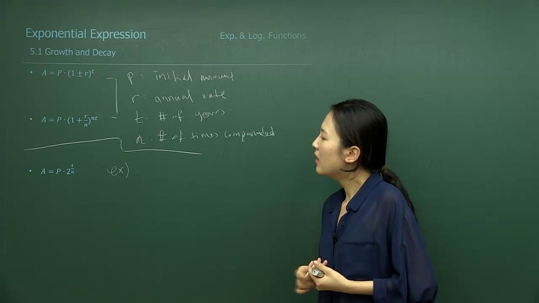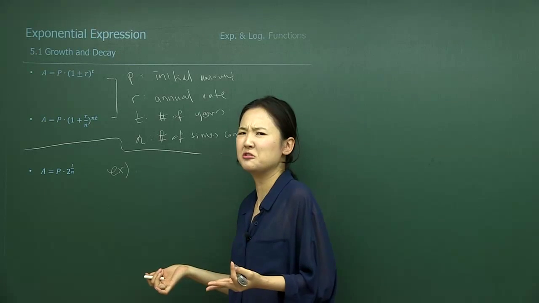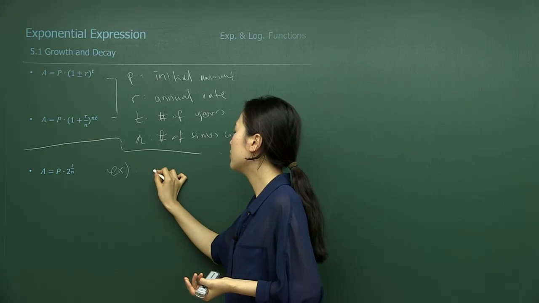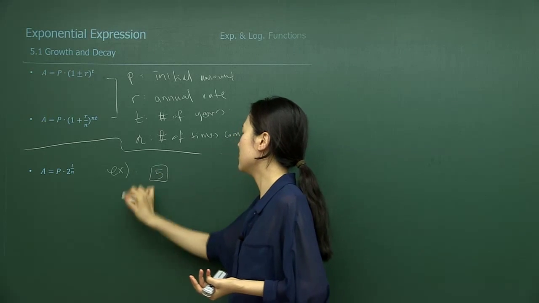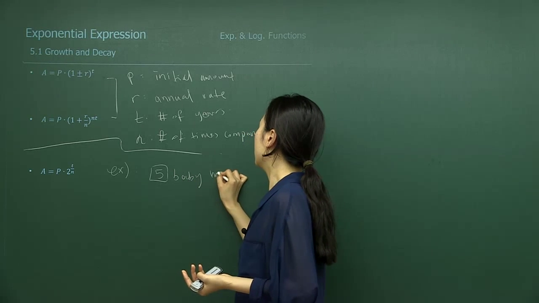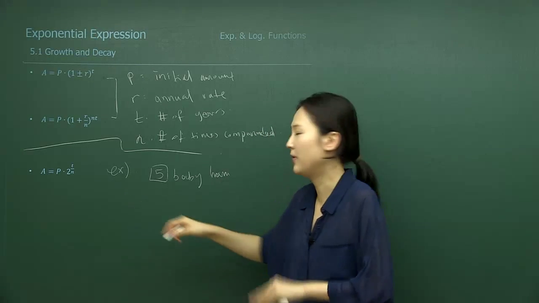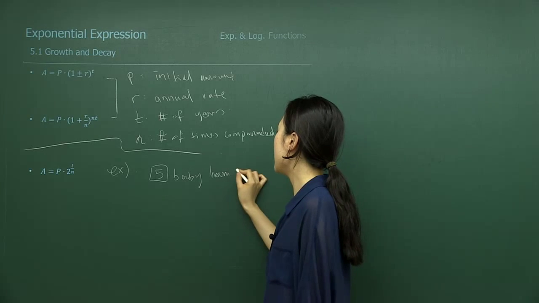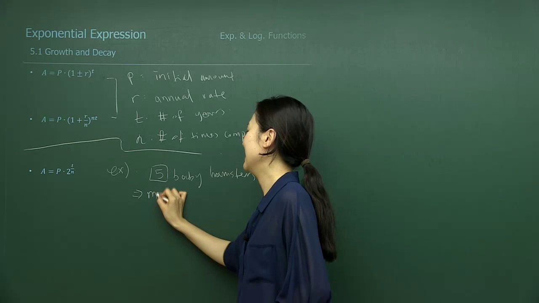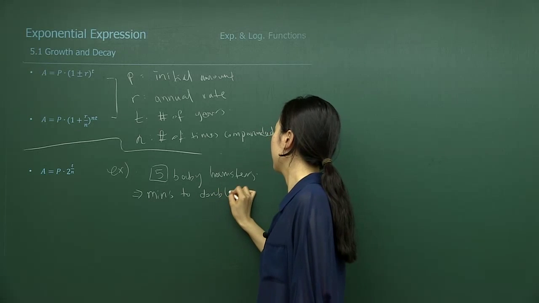So say you have hamsters. You have baby hamsters, right? Say there were 5 baby hamsters initially. And the number of hamsters just keeps increasing. It was doubling up, right? And it takes, say, 5 minutes for it to double its number.